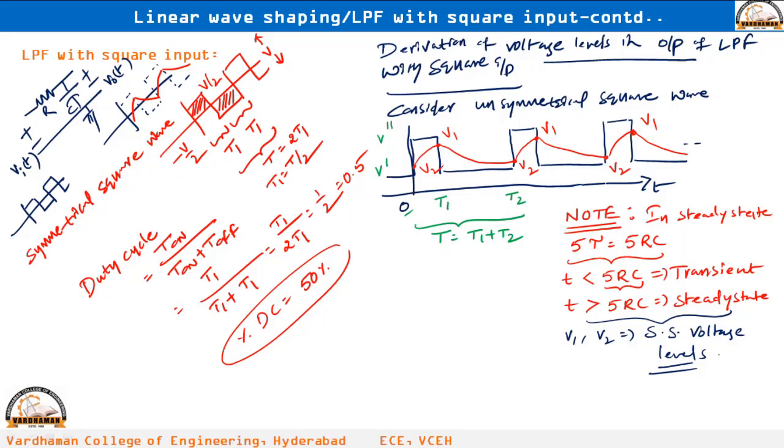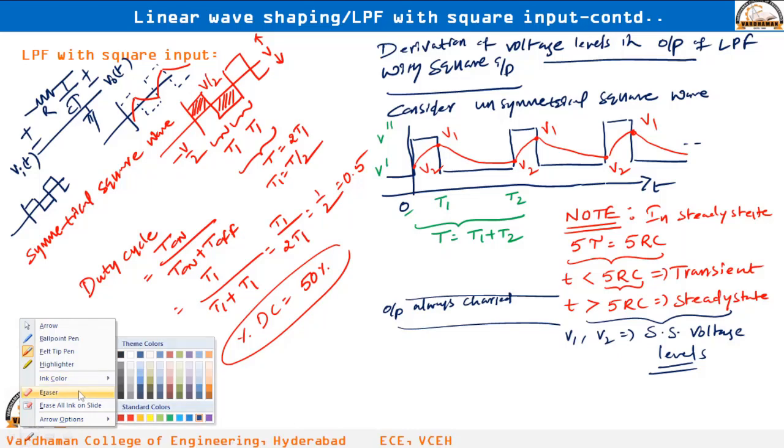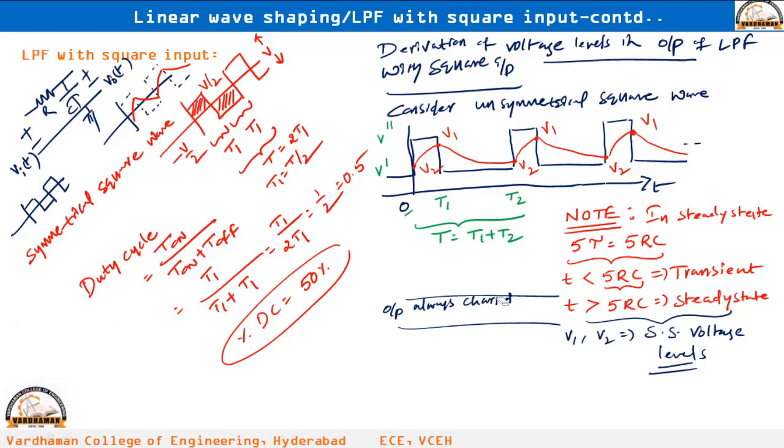What is the meaning of transient and steady state? As I said, in the steady state the output voltage levels, because here the capacitor voltage is the output voltage, I can tell output or the capacitor voltage can be taken. Okay, I will remove this charge term.